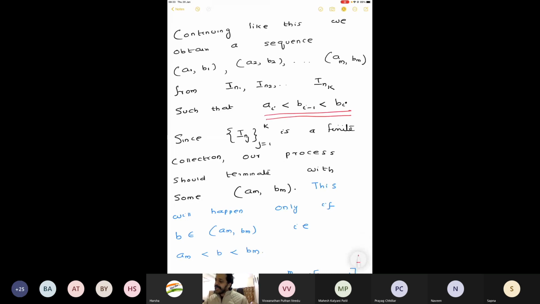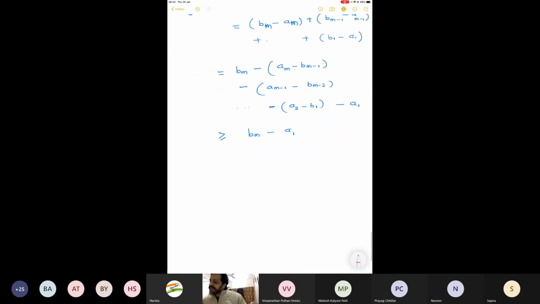So Ai minus Bi minus 1 will be negative. So each of these quantities, Am minus Bm minus 1, Am minus 1 minus Bm minus 2, and so on, A2 minus B1, are negative. Okay. So can you say this total thing is greater than or equal to Bm minus A1? Yes or no? Is it clear? Yes, sir. These are all negative. Okay.